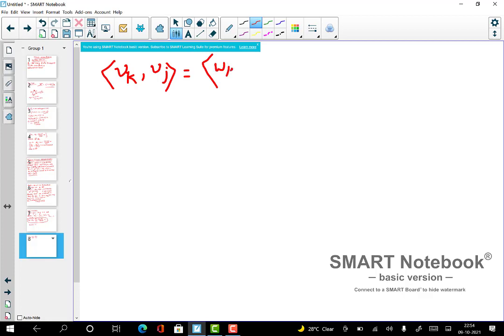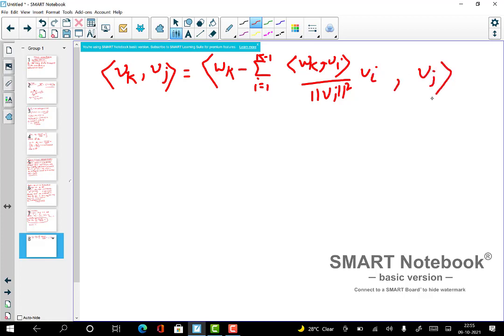This is Wk minus the summation i equal to 1 to k minus 1 of the inner product of Wk, Vi with the norm of Vi square into Vi, right? And then with Vj. Okay, so for any j, I am not taking a particular j, it can be any j, 1 to n.